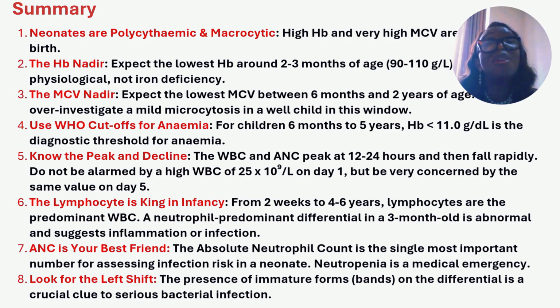Leukocytosis may not be a strong marker for assessing infection risk in the neonate, but the presence of left shift, with leukocytosis or even when the total WBC count is normal, is a very big red flag. It suggests a serious infection going on.